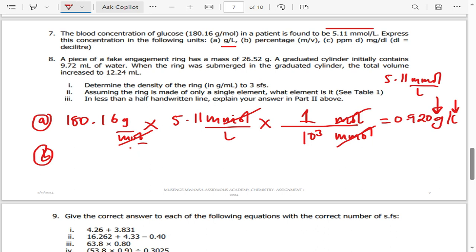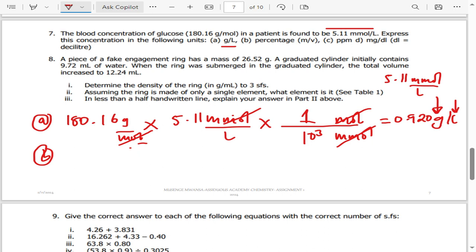But just something that you need to know about percentage mass by volume is there is a unit in which you express it. So when you are finding the percentage weight by volume, you need to make sure that your weight is in grams.